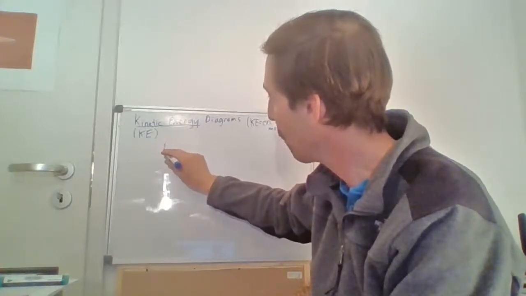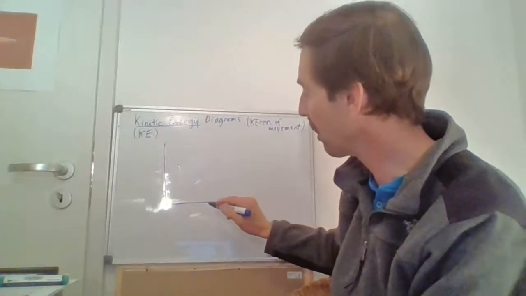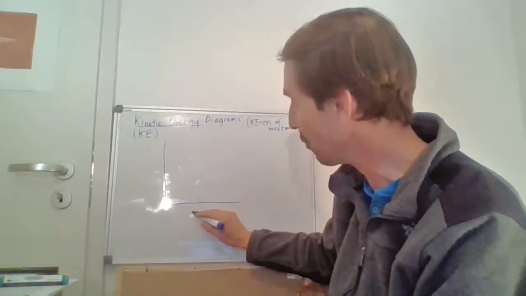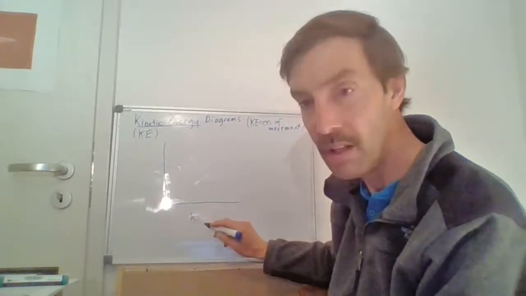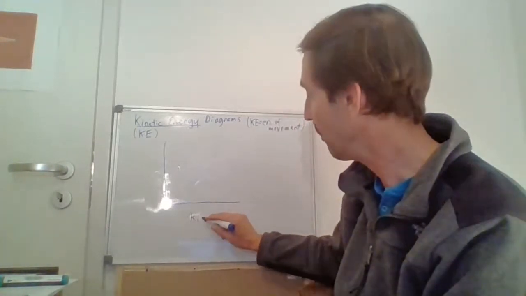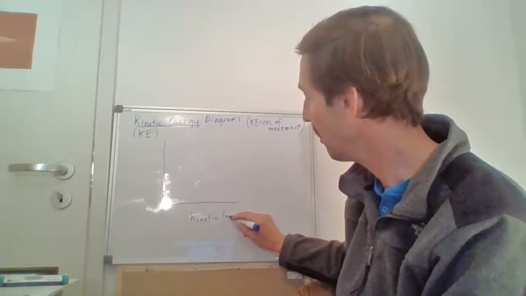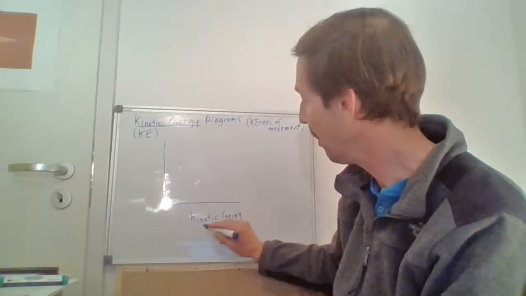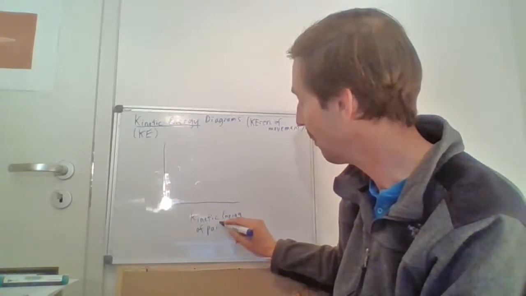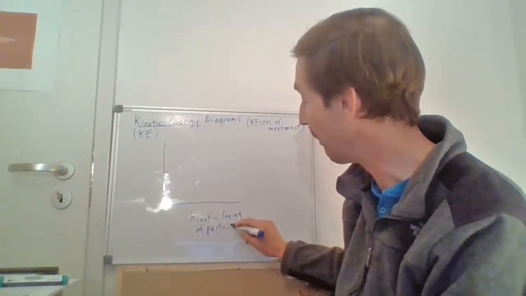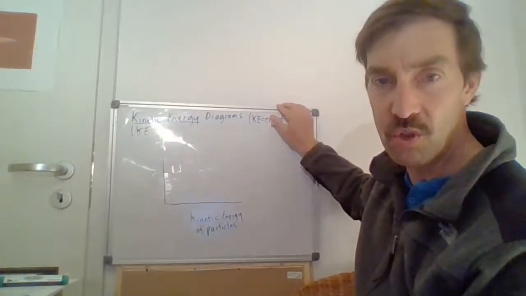We're going to call this the kinetic energy on the x-axis this time. Kinetic energy of the particles, just to make it really obvious what we're talking about: how fast they're moving.